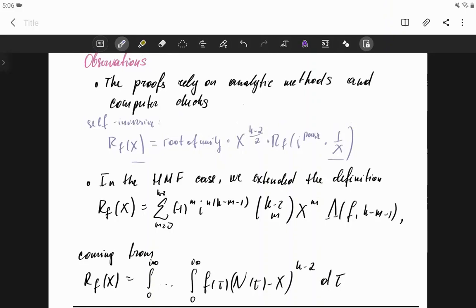Any questions? Just one comment. Looking at your integral for Hilbert modular forms, a Hilbert modular form is on a product of upper half planes, and in effect you're doing a kind of cuspidal integral there.